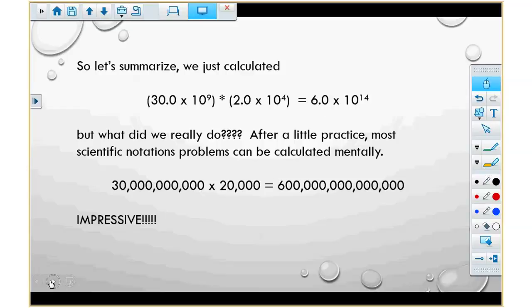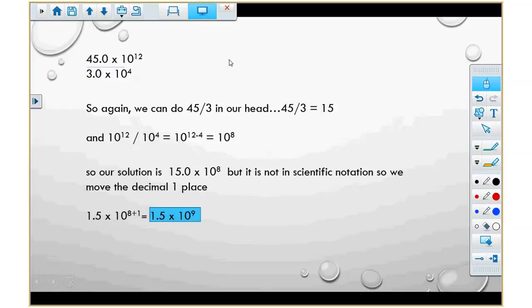Anyway, how about this one? 45 times 10 to the 12th divided by 3 times 10 to the 4th. No. 45 divided by 3 is 15. You still got it. And then 12 minus 4 is what? 8.